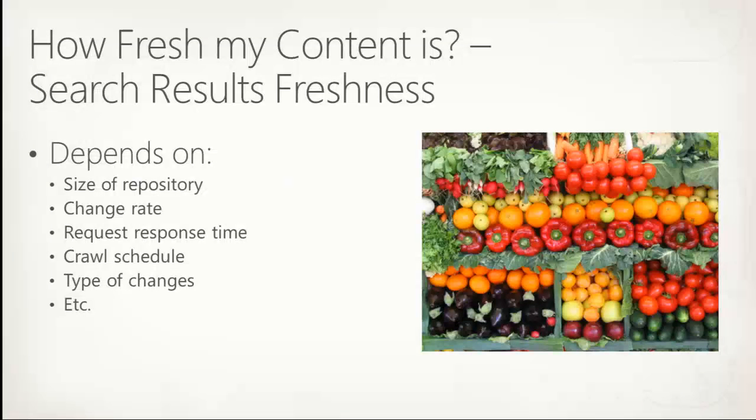Also, it depends on the change rate: how often changes happen, how big the changes are, et cetera. So if there are changes to 3 documents every day, you should be fine. If users change thousands or 100,000 documents every day, it's a bigger challenge.